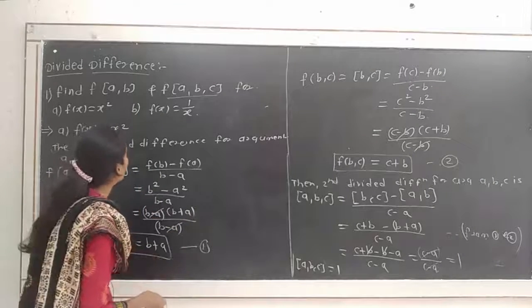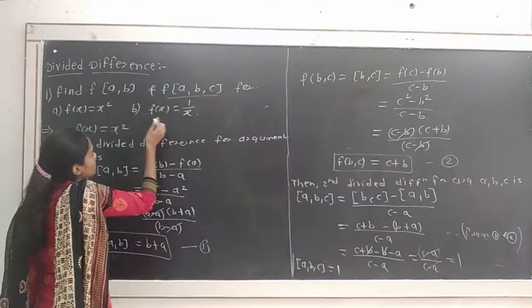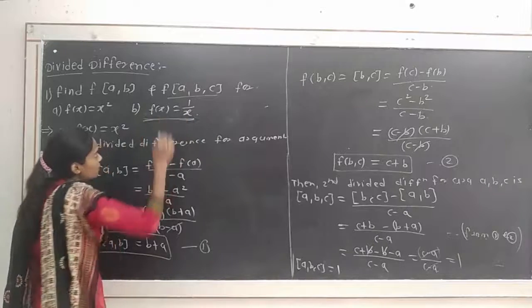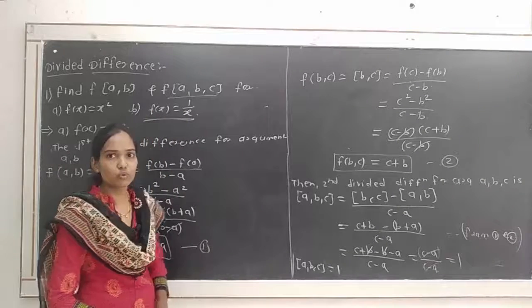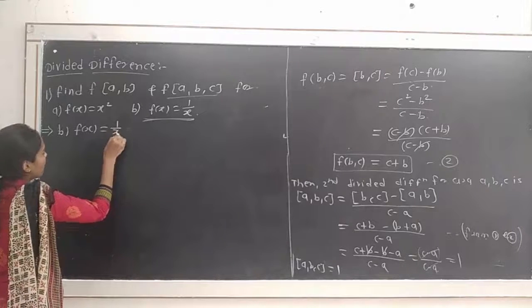Then similarly we want to find the divided differences f of AB and f of ABC for the function f of x is equal to 1 by x.